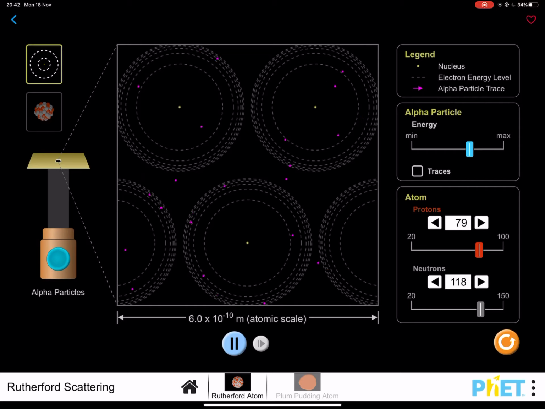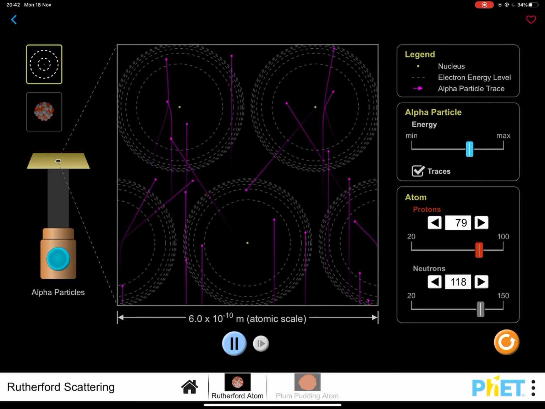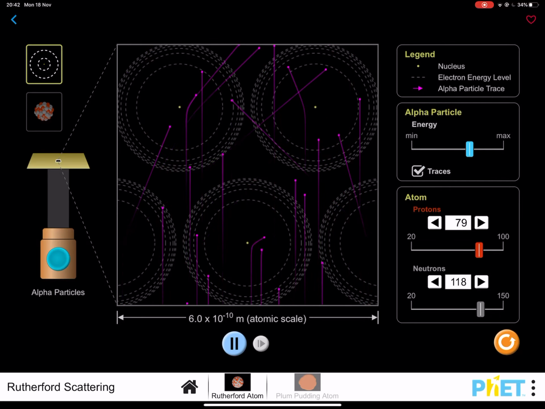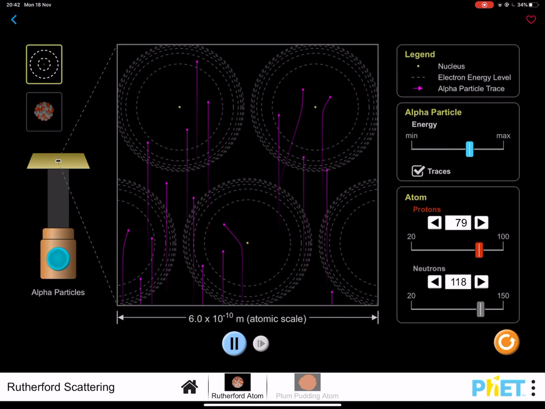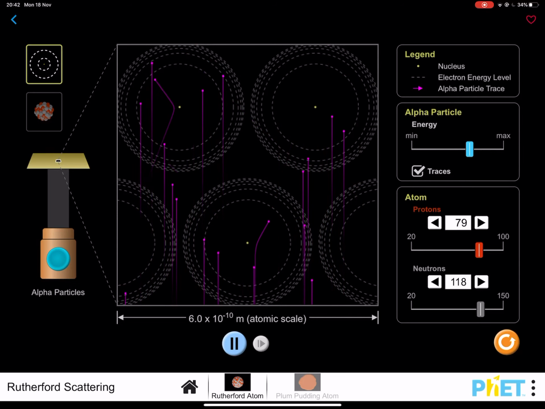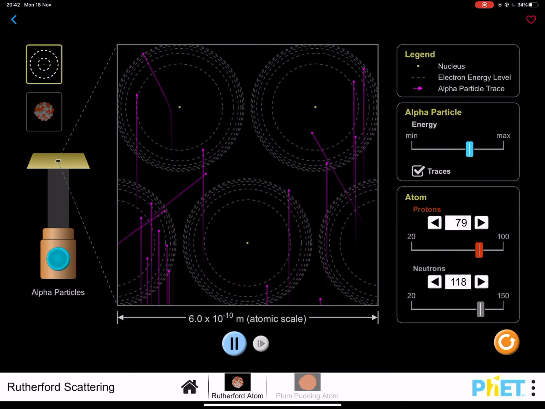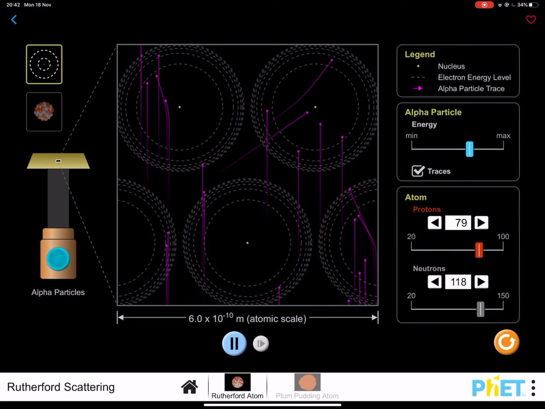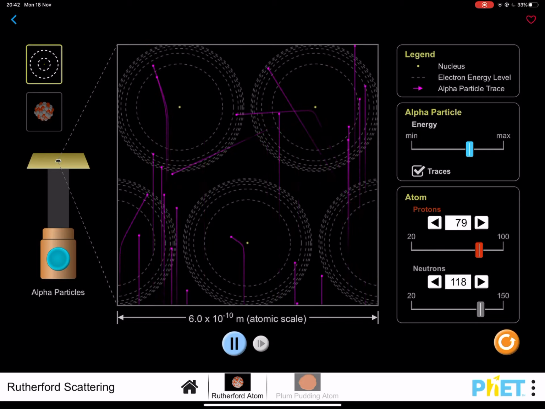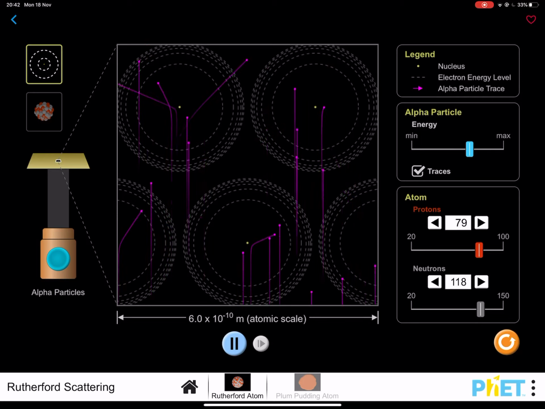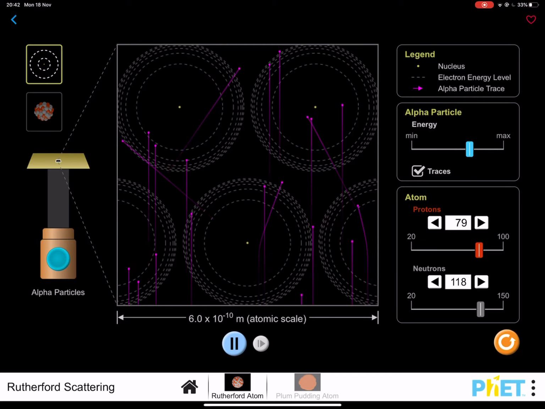Now this is what the gold leaf, or scattering, experiment was showing. If I put the tracers onto these alpha particles, you can see it matches the gold leaf experiment diagram that we were looking at previously, where the trajectory of the alpha particles has changed due to certain influences.